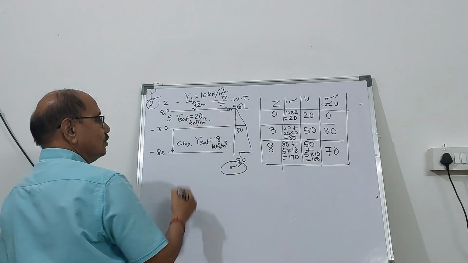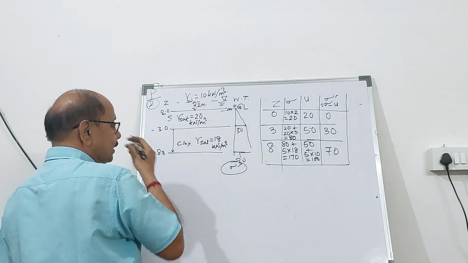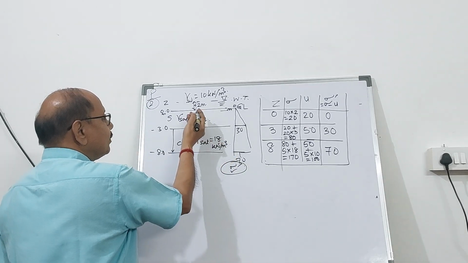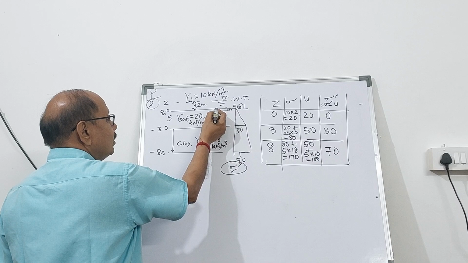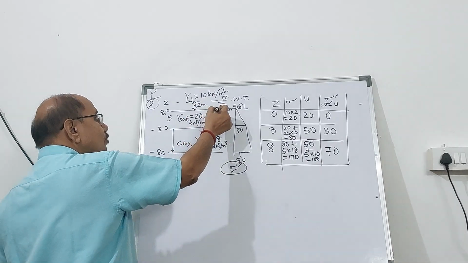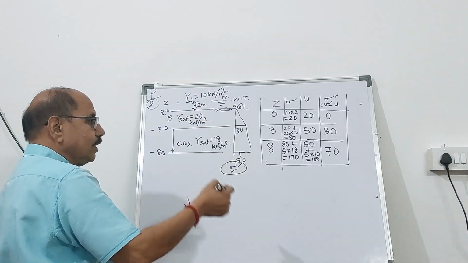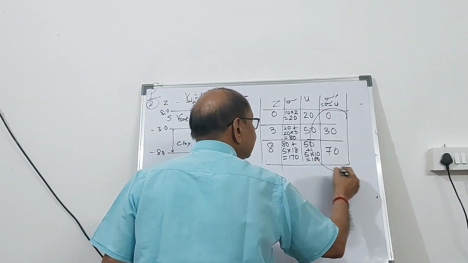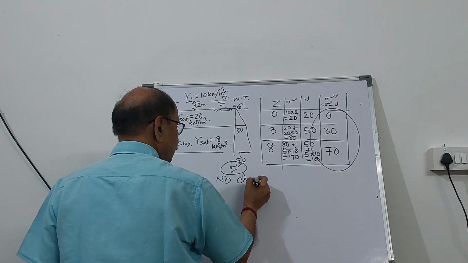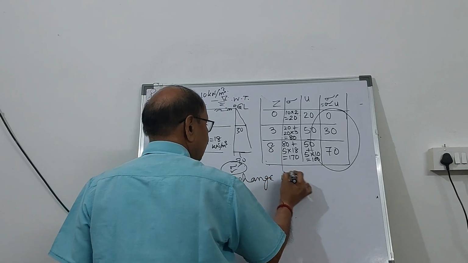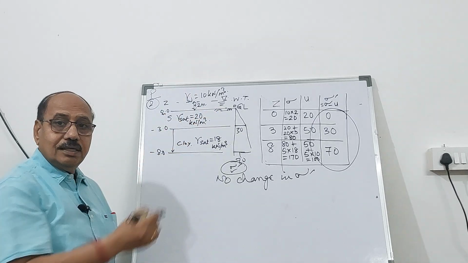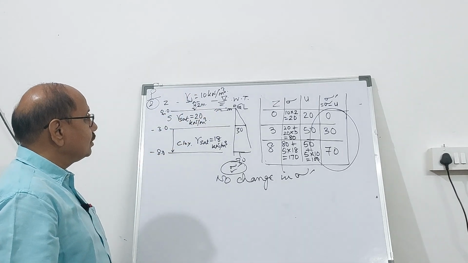So even if there is flooding, it doesn't affect the effective stress value. In the previous case, the groundwater table was touching the ground level, and in this case, the groundwater table has gone up by 2 meter, and there is no change in effective stress, even if the water table has gone above the ground level.